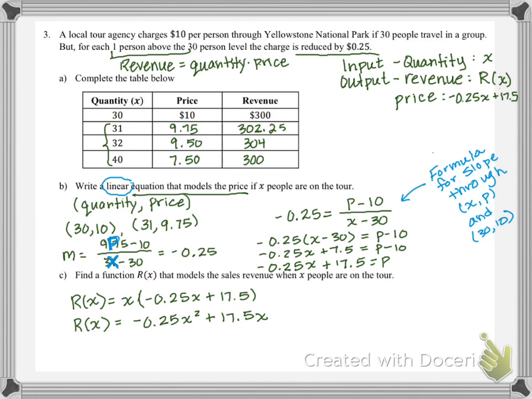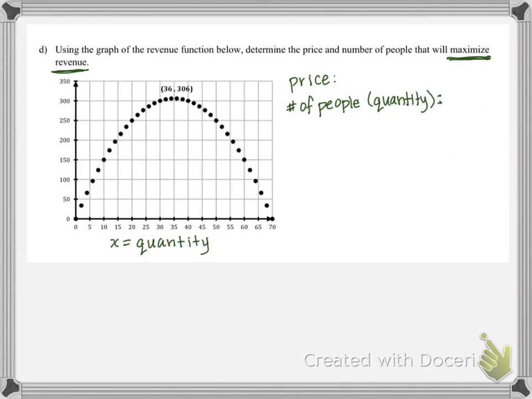So you want to think of your horizontal as your input and your vertical as your output, and rely on that more than x and y per se. So what should I label my vertical axis, Anna? Price? So what's my output? Revenue. Revenue, good.